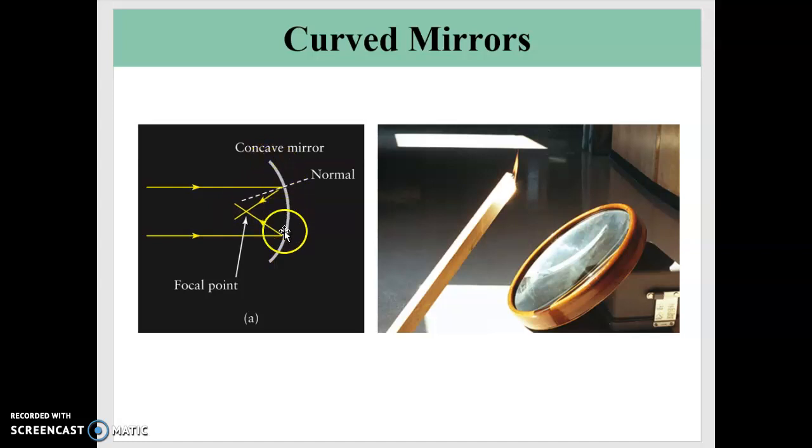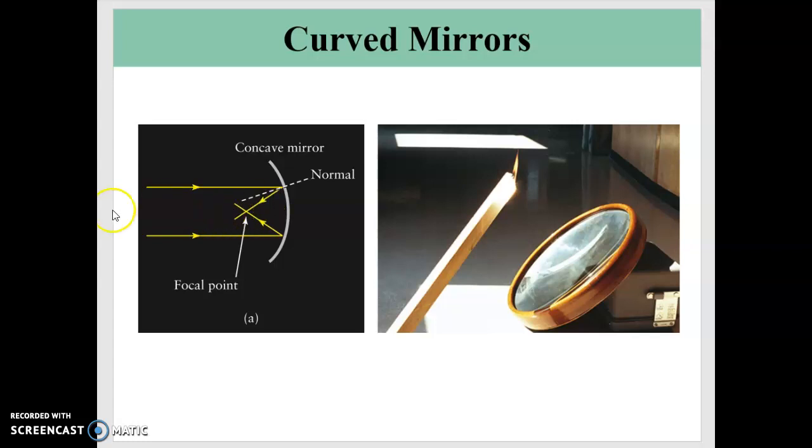So if we were to extend the mirror out and complete a full circle here, draw the center of the circle and then draw a line straight through here along the central axis, then the focal point would be halfway between the center of the sphere and the edge of the sphere, okay? So for a perfectly spherical mirror, the focal point is going to be half of the radius.